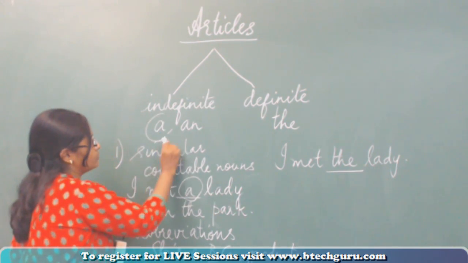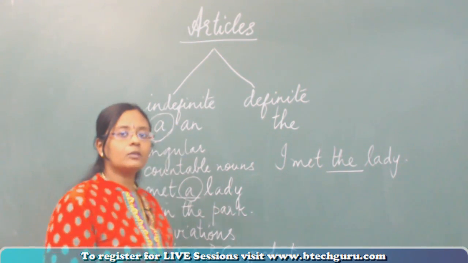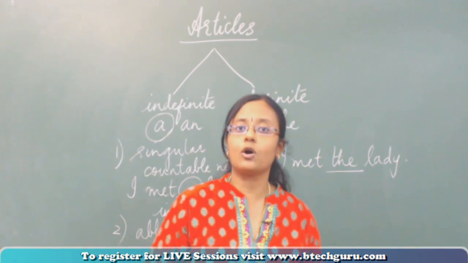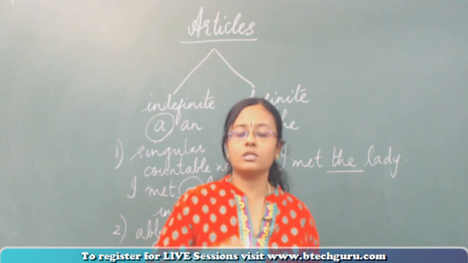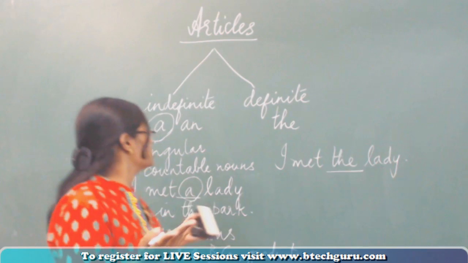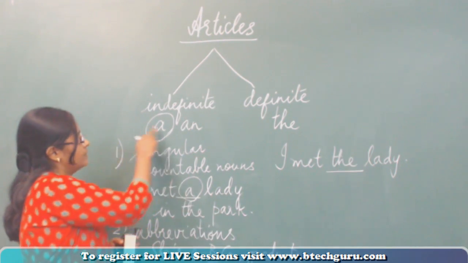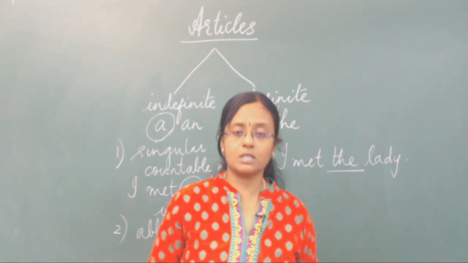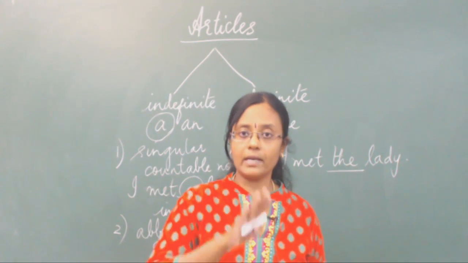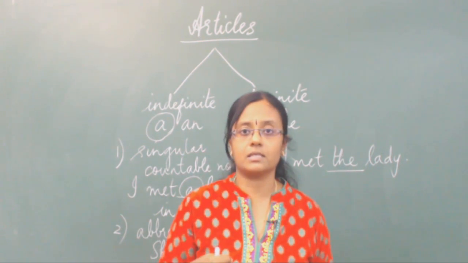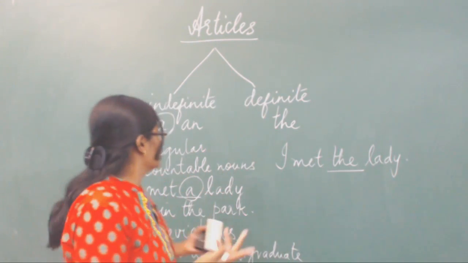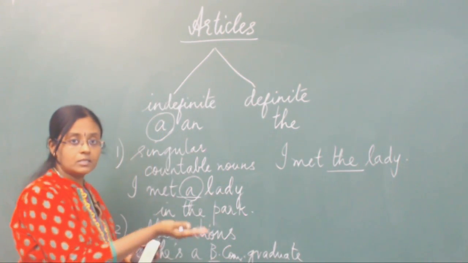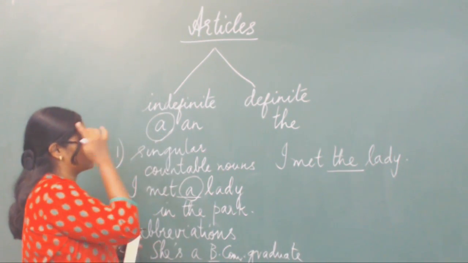So a is used before words that begin with either a consonant or a vowel with a consonant sound. So in short, we can put it like a is used before words that begin with a consonant sound. So more than the letter, it is the sound that matters, the consonant sound. It may be either a consonant or a vowel with a consonant sound.